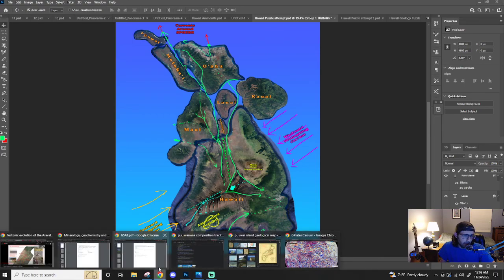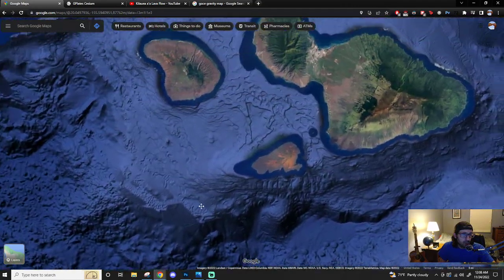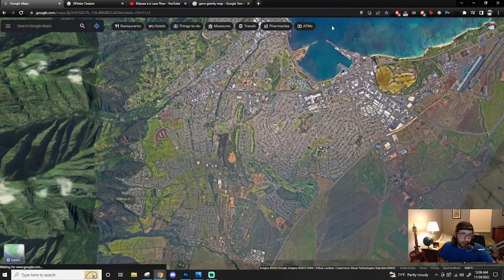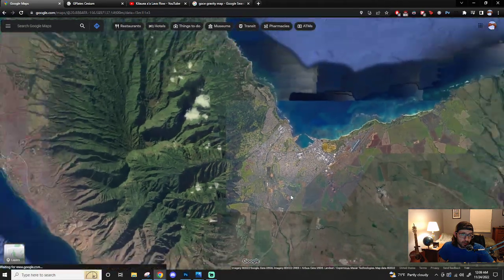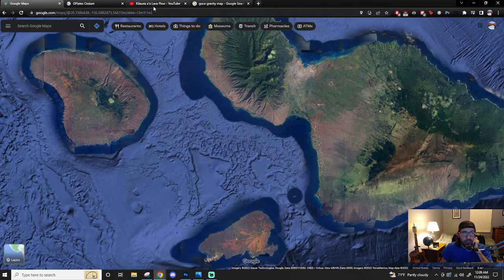Let's look at the maps so we can look closer without it being such a pain to scroll in. There's a current that went through here one way or the other, this way or this way. Based on this, maybe this way. Based on the currents, it looks more likely that it went this way.